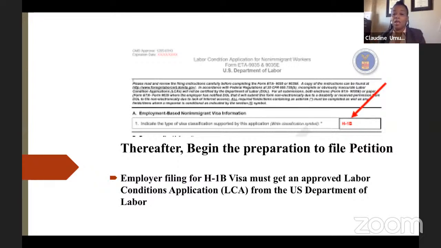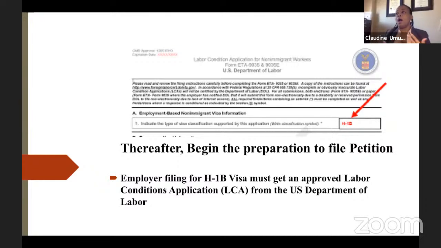That is why before an employer files a petition to hire someone on an H-1B work visa, they have to file a labor condition application with the Department of Labor. Before they do that, though, they have to get what's called a wage survey, to see the prevailing wage.